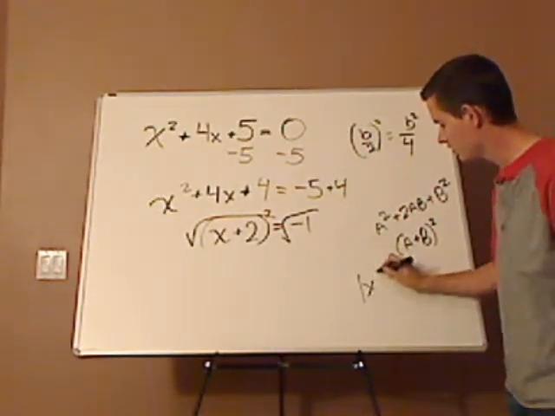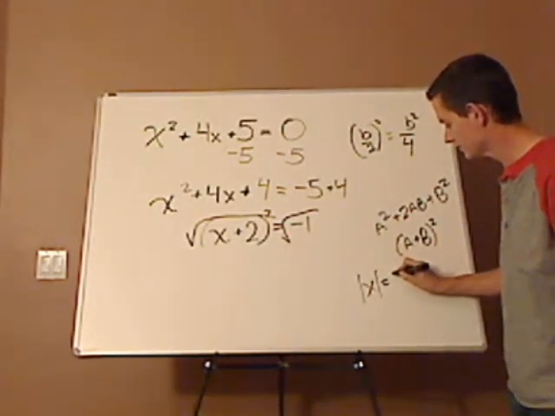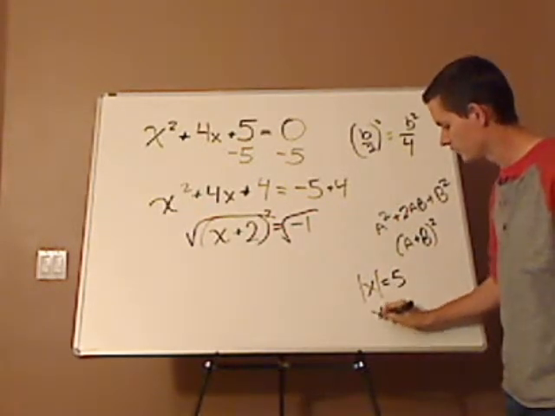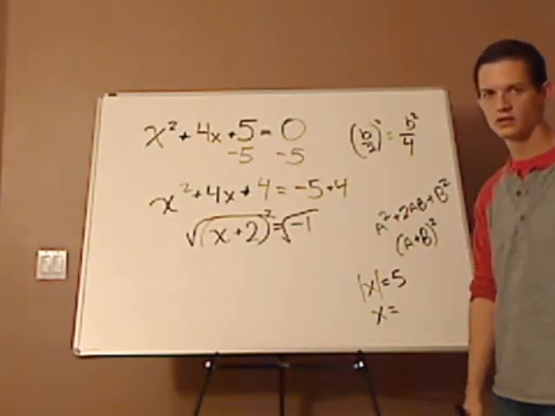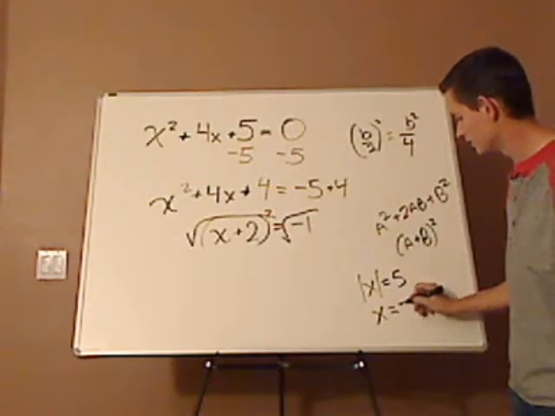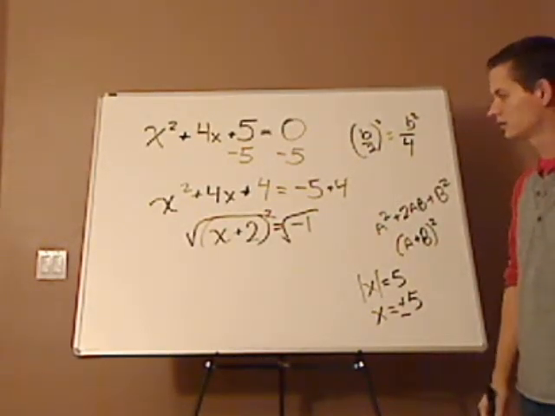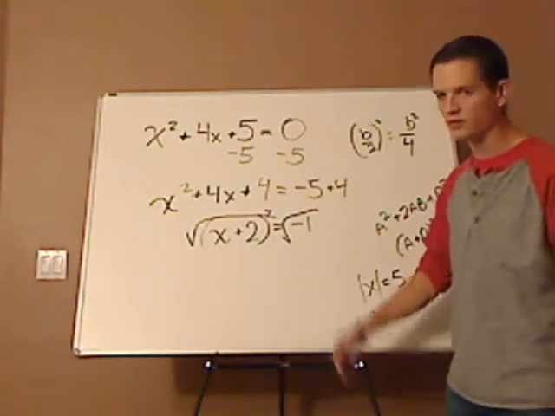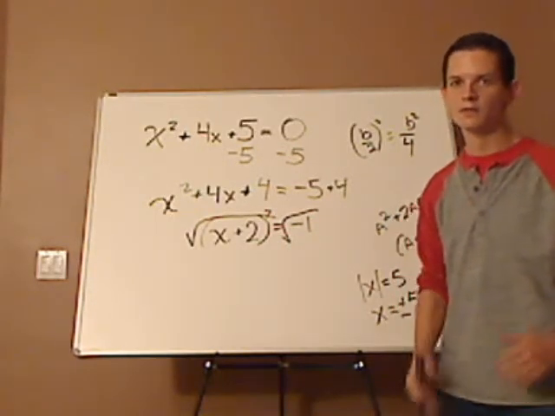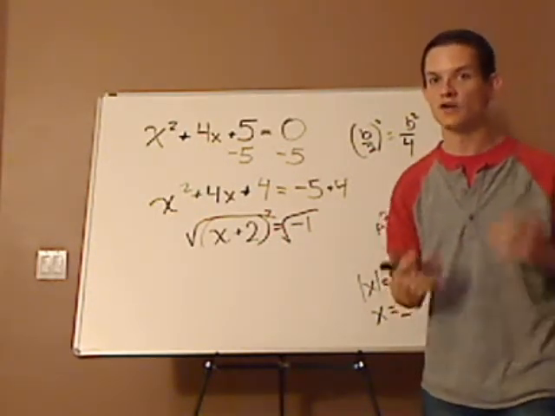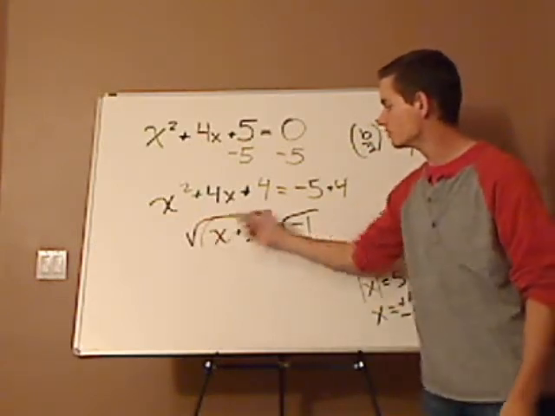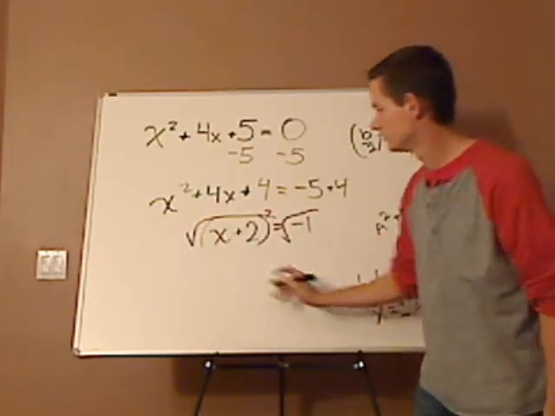If I have the absolute value of x equals 5, what's that equal to? Yeah, it's actually equal to plus or minus 5. So when you're doing the completing the square method, the plus or minus is not popping out of nowhere. It's just that the square root of a square is an absolute value.